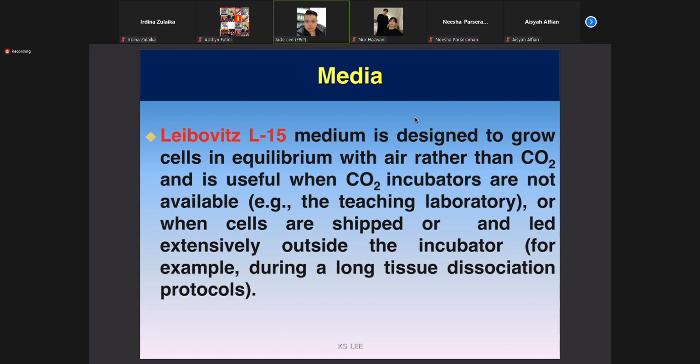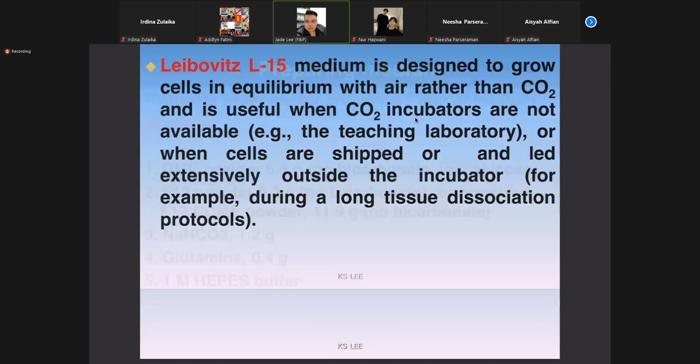So when the cells are at high density outside of the incubator during a long tissue dissociation protocol, this media is good for that particular type of cell, if you do not have CO2 incubators.